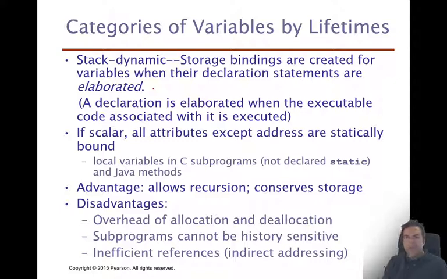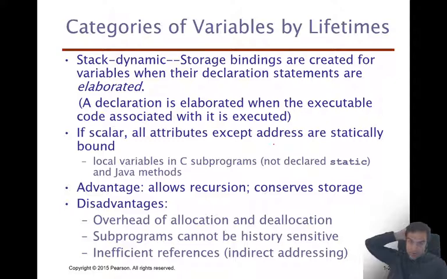So things which are stack dynamic, generally all of their attributes, except address and of course value, would be statically bound. The local variables in C programs which are not declared static, local variables in Java methods which are not declared static, those would all be stack dynamic.